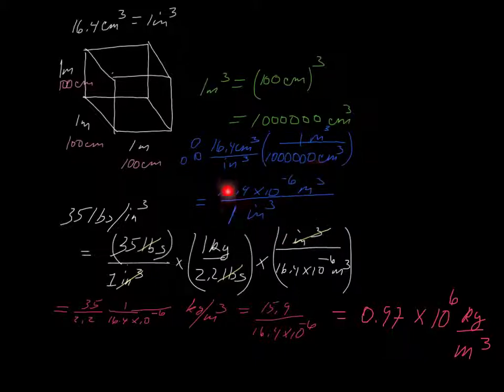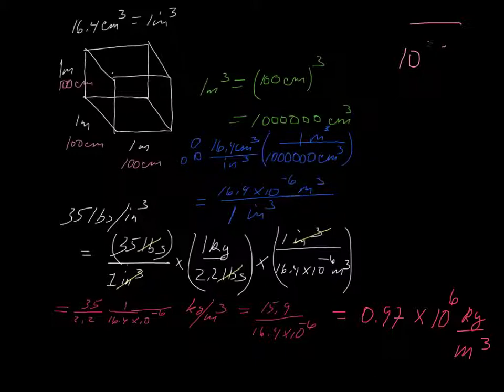We go do that, and we end up with 16.4 times 10 to the minus 6. So 1,000,000 in the denominator is the same thing as 10 to the 6th in the denominator. I probably should write that out.